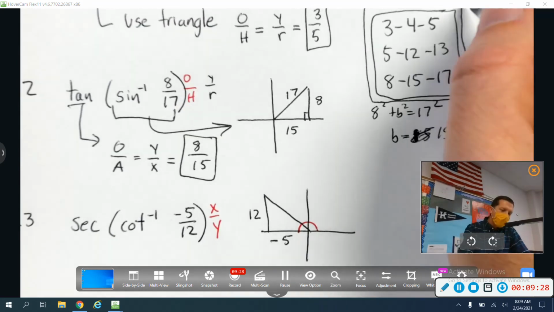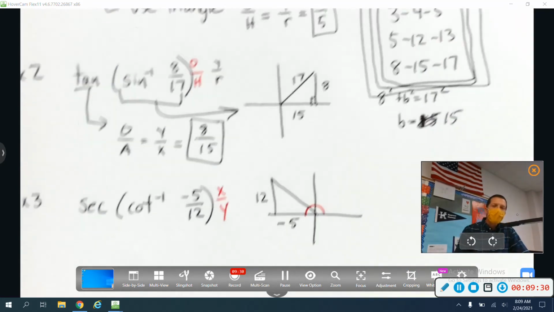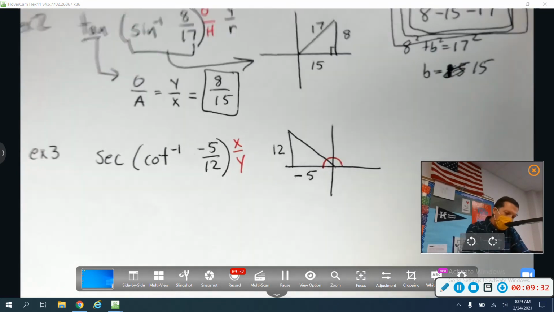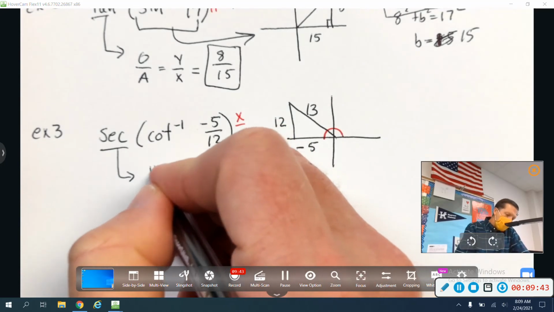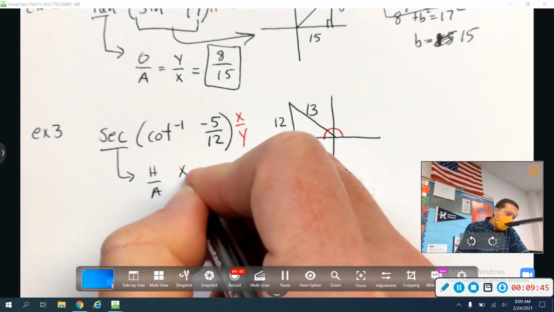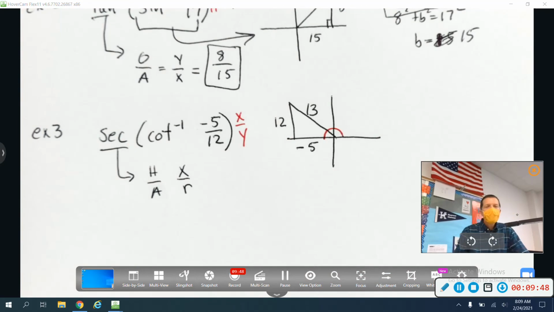Good. Now we all know our units, our Pythagorean triples. We save ourselves a little bit of time. So 5, 12, 13. So got the triangle drawn. Secant is, well, the flip of cosine, so h over a or x over r. Nope.